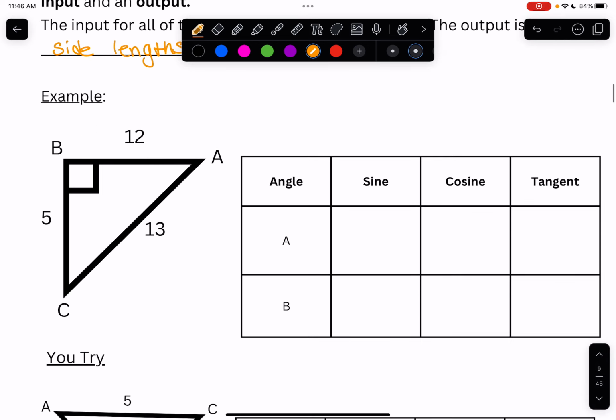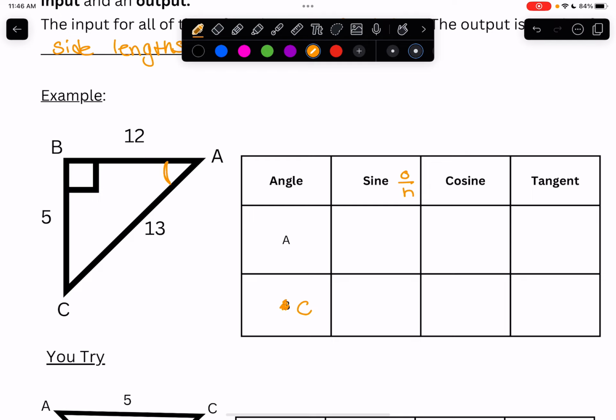So if we look here, if I wanted to know, this should be angle C. Sorry about that. If I wanted to know what is the sine of angle A, you're going to put in an angle and give me side lengths. So sine is opposite over hypotenuse.